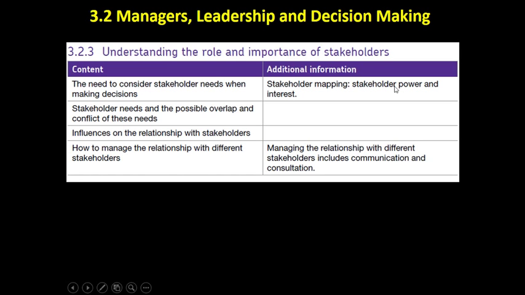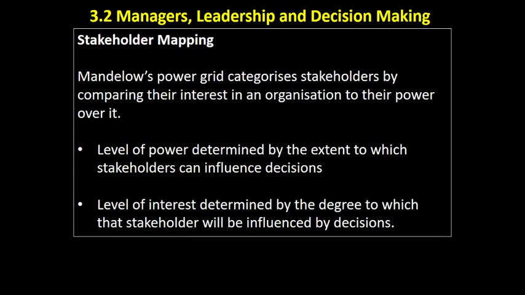We are looking at this section of the specification here. In this part of the specification, looking at stakeholders. So stakeholder mapping, a guy called Mendelow is credited with creating a power grid that categorises stakeholders by comparing their interest in an organisation to their power over it. So you'll see in a minute there's a grid with two axes, which we'll have a look at in a second.